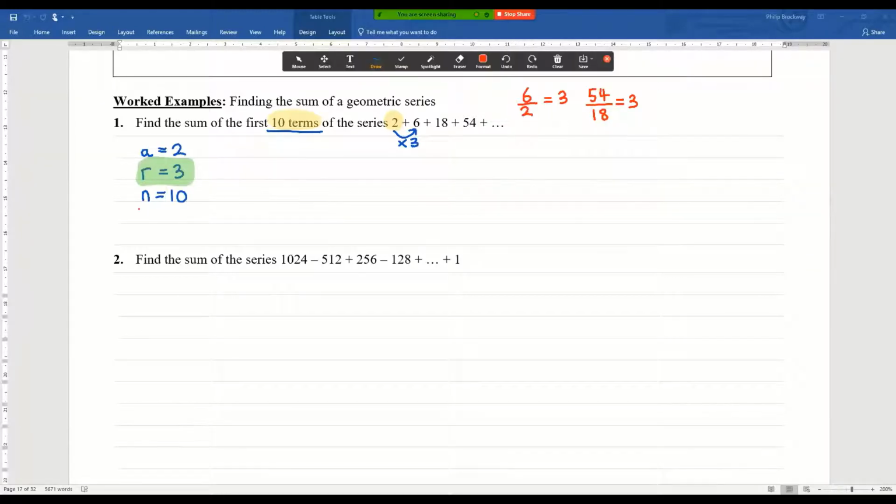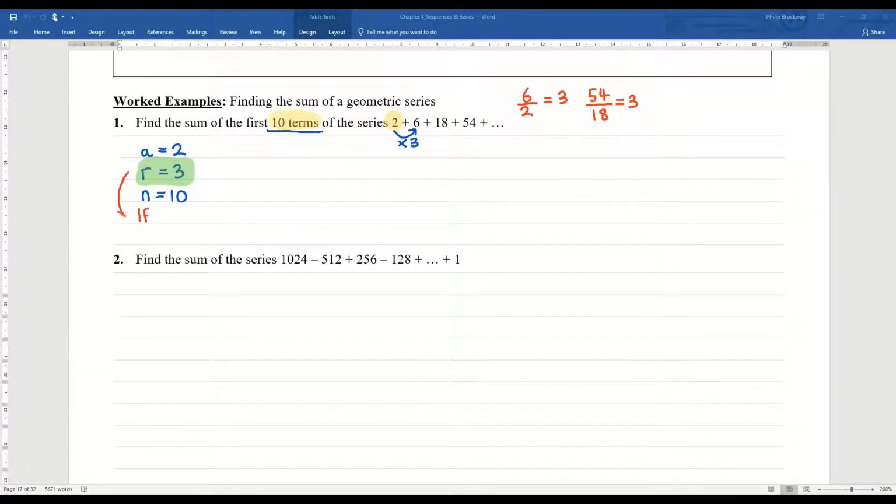So if the R value is greater than 1, to avoid having unnecessary negatives, and you might think this is easier, you might not, just a suggestion, use the R subtract 1 version of the summation formula. I hope that makes sense. Just to avoid the negative numbers.